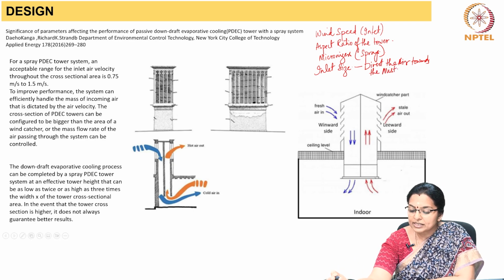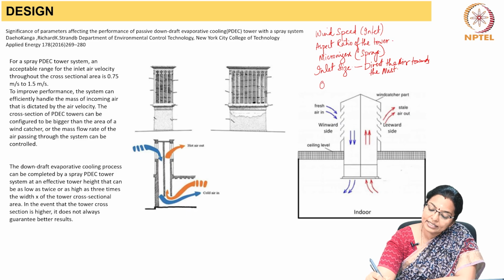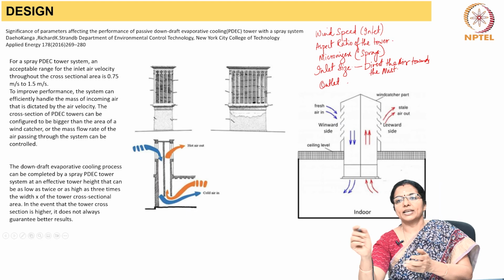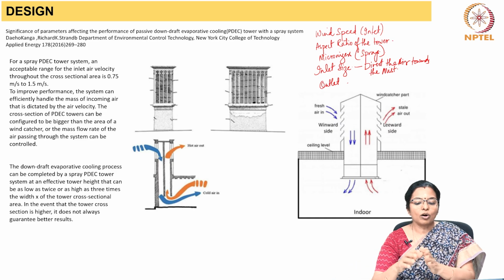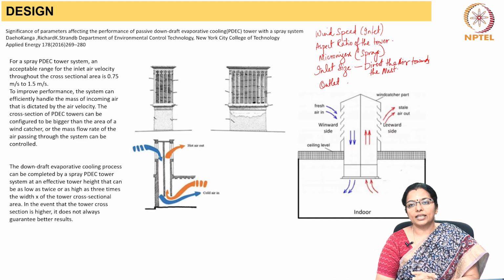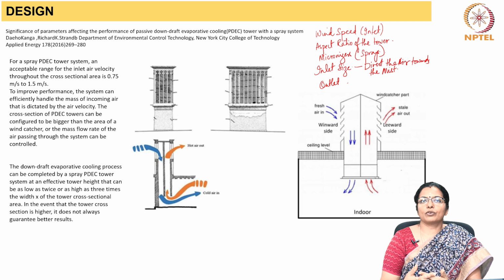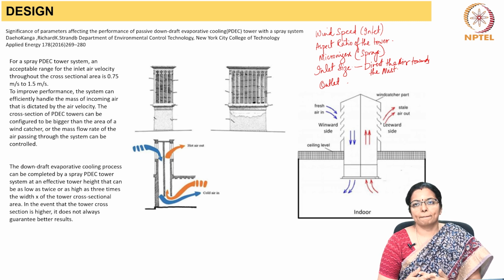So, all of these become important and there has to be an outlet somewhere which is based on the design. So, all these aspects affect the efficacy or functioning of a PDEC.